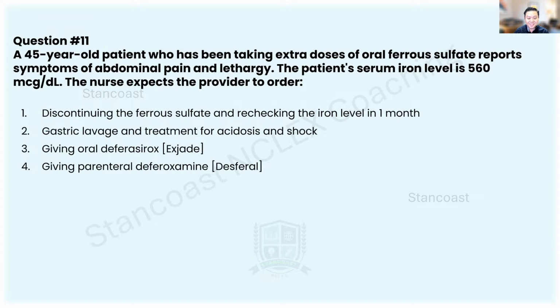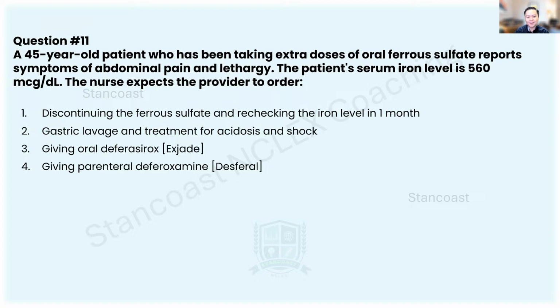The nurse expects the provider to order 1, discontinuing the ferrous sulfate and rechecking the iron level in 1 month. 2, gastric lavage and treatment for the acidosis and the shock. 3, giving oral deferasirox, or what we call Exjade. And 4, giving parenteral deferoxamine.